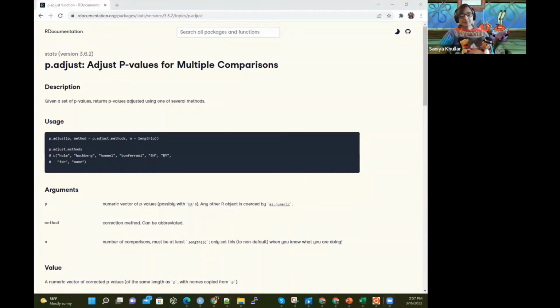So here, this is the tool that we will be using. We'll be using p.adjust, adjust p-values for multiple comparisons. So given a set of p-values, it returns p-values adjusted using one of several methods.